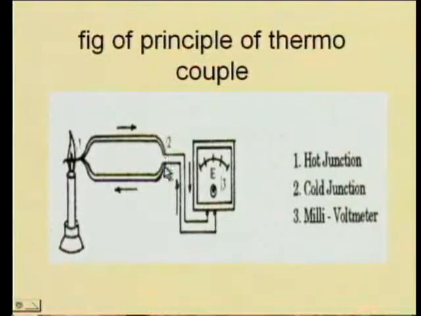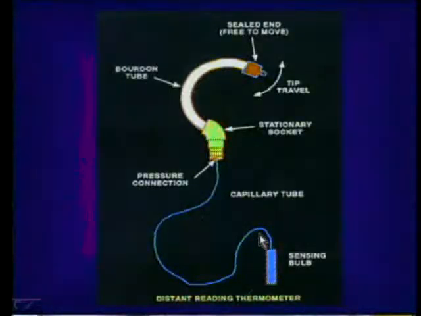Here is a cold junction, and this is connected to the millivoltmeter. Because of the EMF generated, current is produced, and that current will be measured in this millivoltmeter. So this is the principle of thermocouple.